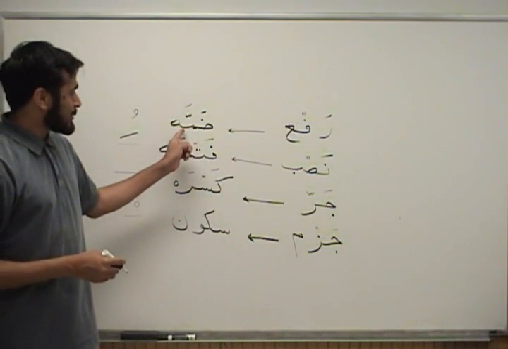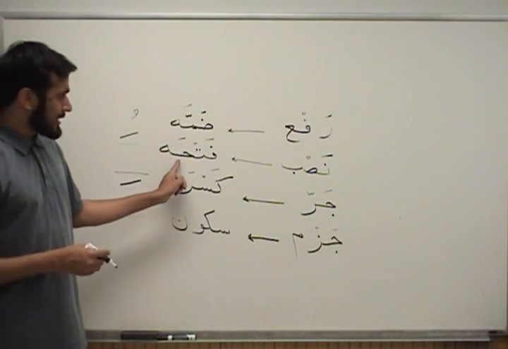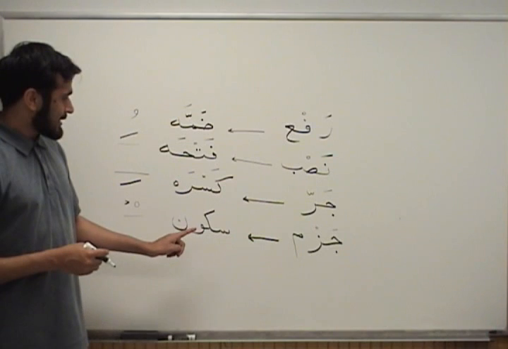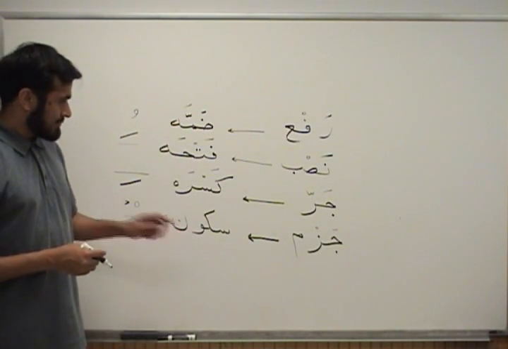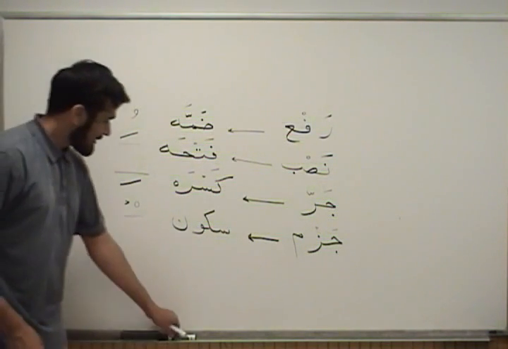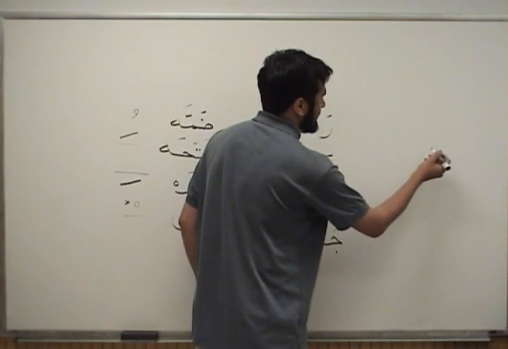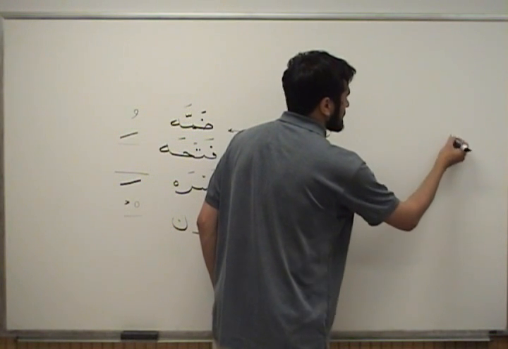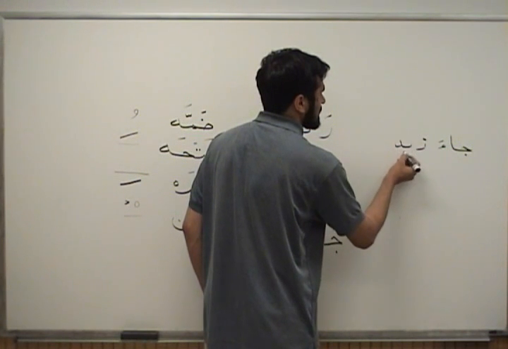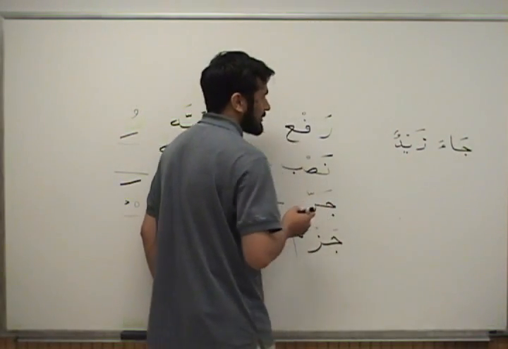This is how, for example, you show Rafa using a Dhamma. This is how you show Nasb using a Fatha. This is how you show Jar using a Kasra. This is how you show Jazm using a Sukun. How about an example of each one of these? An example of Raf'a would be Ja'a Zaydun.